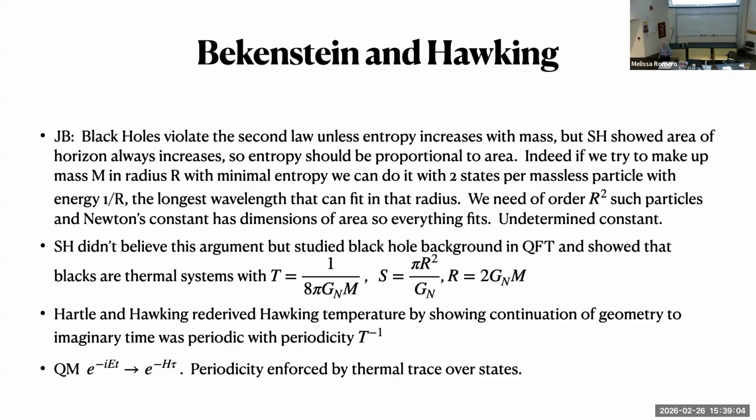And then the area has precisely the dimensions of Newton's constant. So the area measured in units of Newton's constant could be the entropy. Now that calculation doesn't give you the coefficient out front.